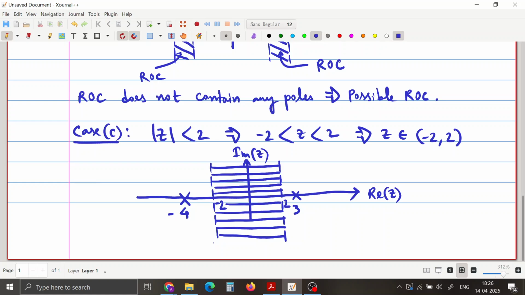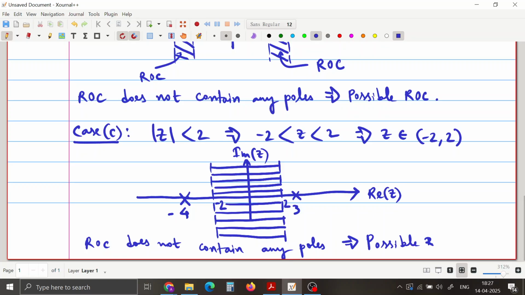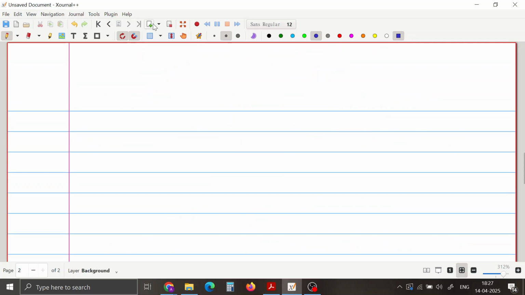So this is also a possible ROC. So option C can also be a possible ROC.